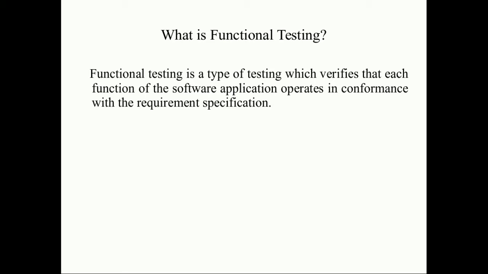Every functionality of the system is tested by providing appropriate input, verifying the output, and comparing the actual results with the expected results. So this testing involves checking of user interface, APIs, database, security, client and server applications, and the functionality of the application under test. The testing can be done either manually or using automation, or by both of the methods.